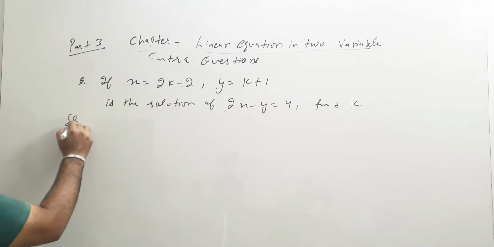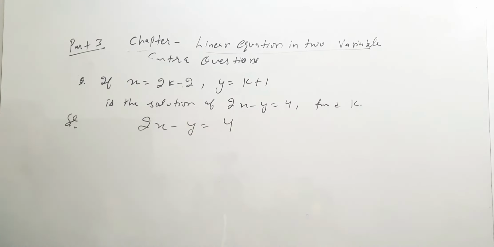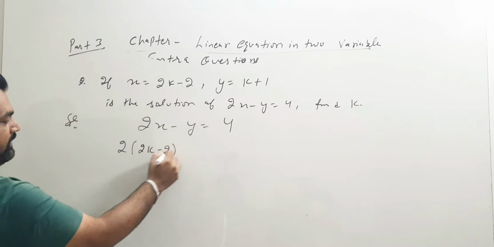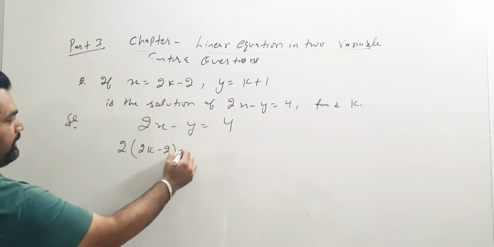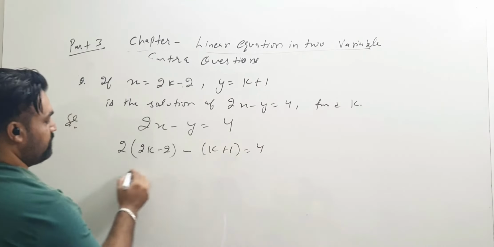Again the equation is 2x minus y equals to 4. The value of x is given, that is 2k minus 2. The value of y is given, minus k plus 1, equals to 4.